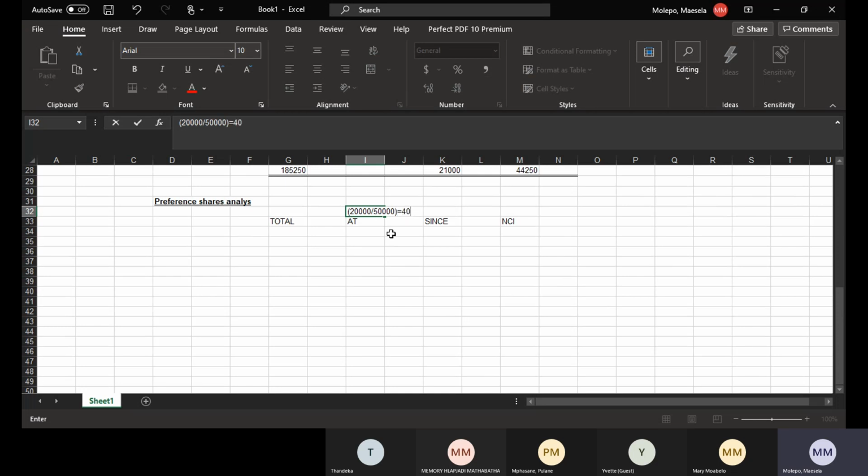So in terms of the consolidation, we only own 40% of the rights in him. Then we can start calculating the preference share capital.